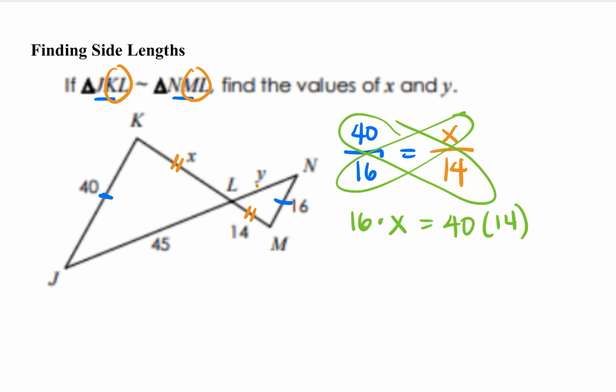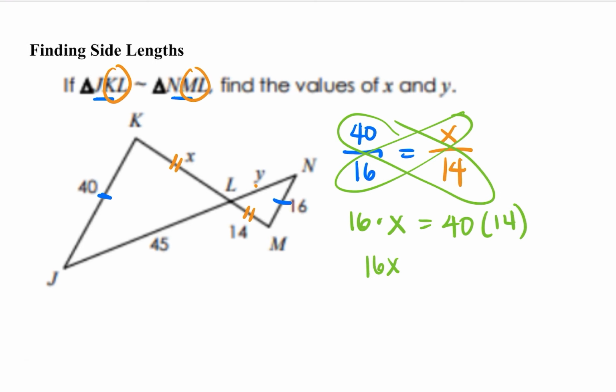So 16x equals 560. To get the variable by itself, we do the inverse of multiplication, which is division. This gives us x equal to 35.